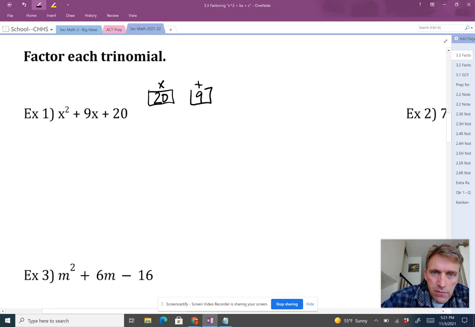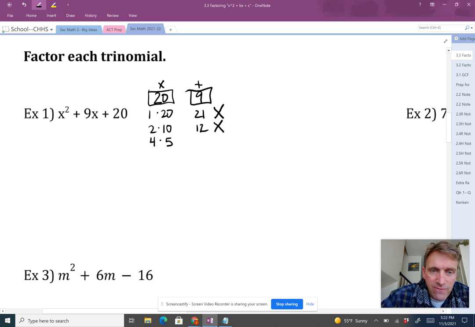We'll start with 1 times 20, but 1 plus 20 would be 21. So I'm going to put an X to say that's not it. 2 times 10 is 20, and 2 plus 10 is 12. Not it. So we go to 3, which won't go into 20, but 4 will. So 4 times 5 would be 20, and 4 plus 5 is 9. So that's the pair we're looking for.